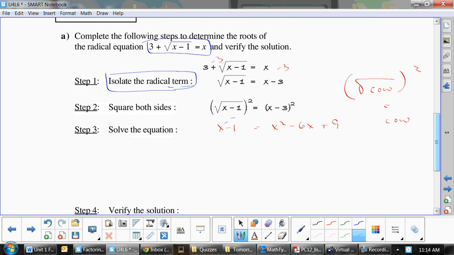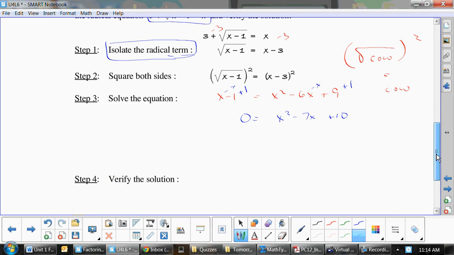Okay, so let's solve the equation. We're going to bring this minus x to this side, and I'm going to add 1 to both sides, okay? That gets rid of everything on the left, leaving me with an equation. Now, could I put this in the calculator and solve? Yep. But you could have put it in right from the beginning and solved it, save yourself some time. This one wants it all algebraically. So then I'm looking for two numbers that add to negative 7 and multiply to positive 10.